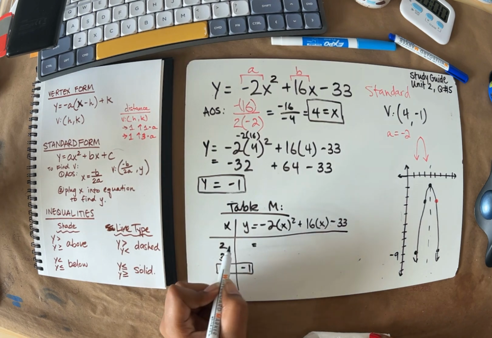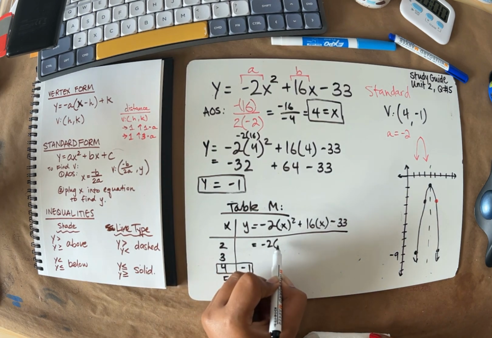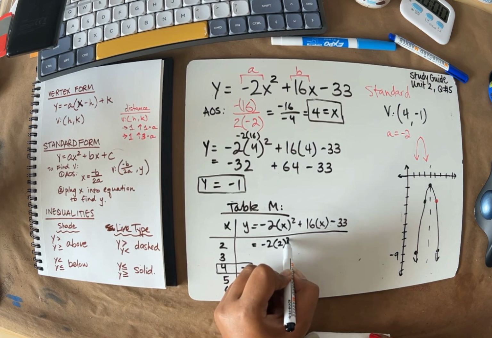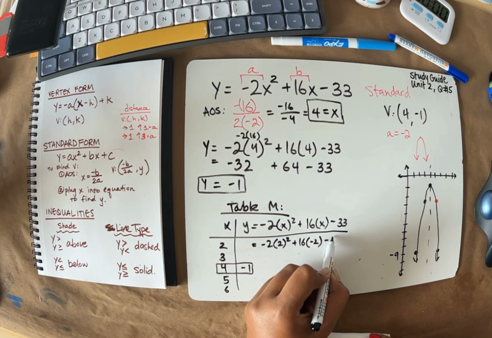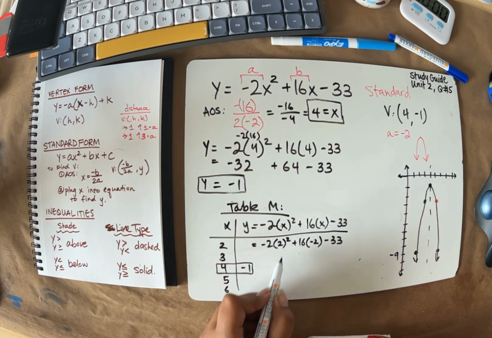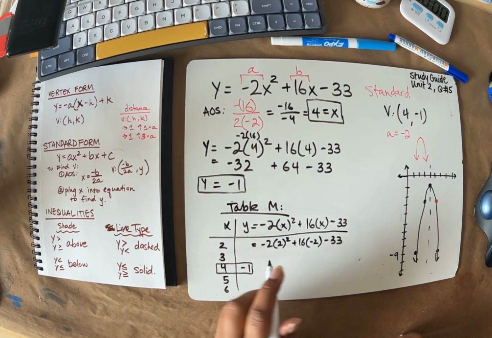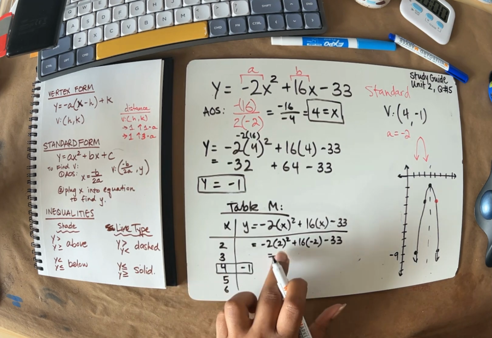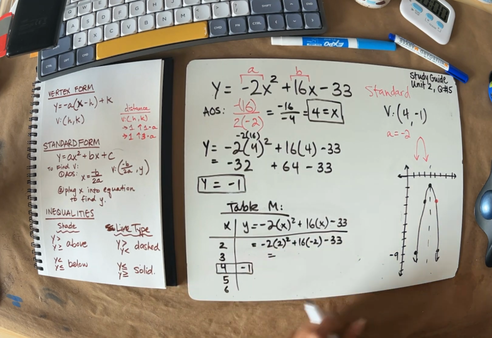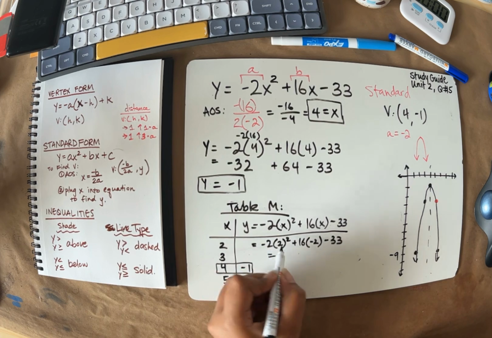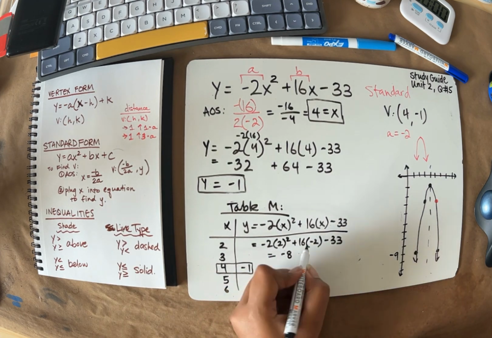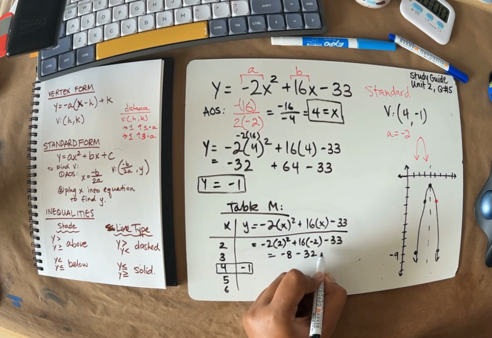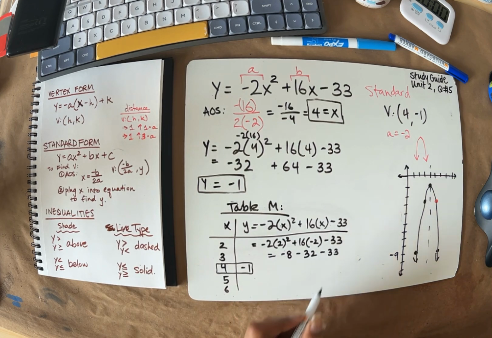When I plug in 2, it's negative 2 times 2 squared plus 16 times 2 minus 33. I'm just going to do the math inside here, even though I'm going to have to erase it. I have negative 2 times 4 because 2 squared is 4. So I got negative 8. 16 times 2 is 32, and then minus 33.